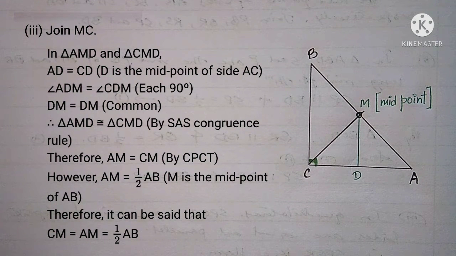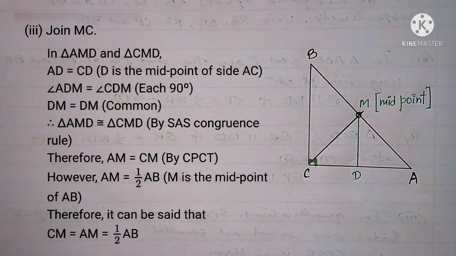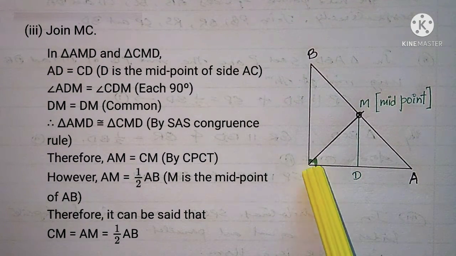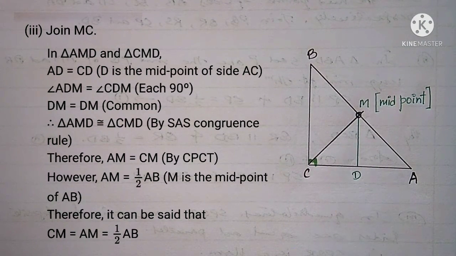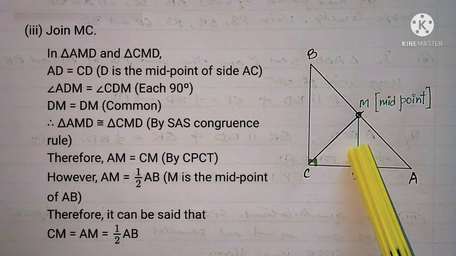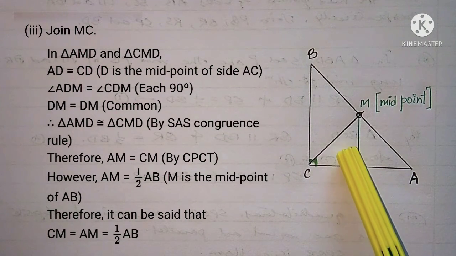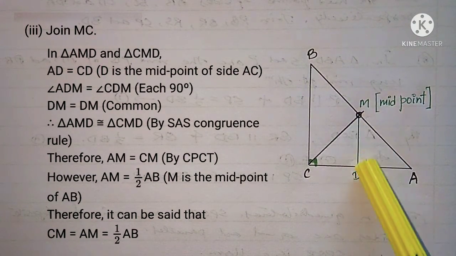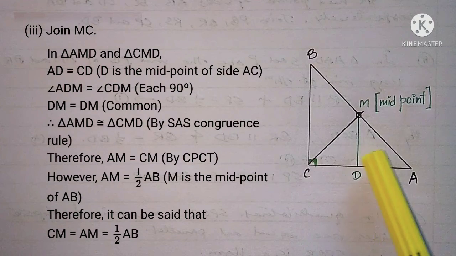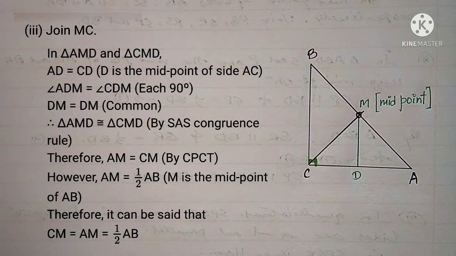After that, next you see angle ADM. This angle is how much? 90 degrees. So obviously CDM is also 90 degrees. So we write angle ADM equals angle CDM, isn't it? And the third one, in both triangles AMD and CMD, DM is common, isn't it?